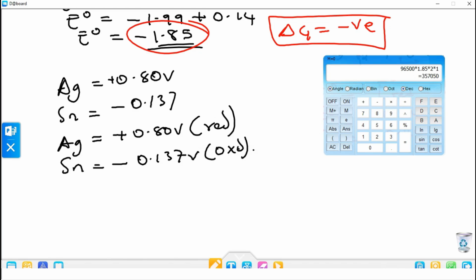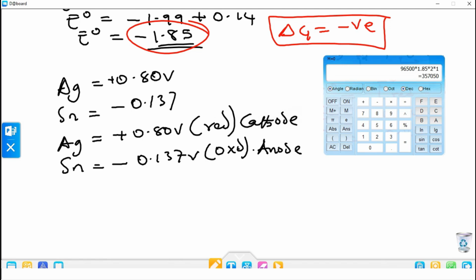Since it is oxidation, which of these processes takes place at the cathode and which takes place at the anode? Oxidation is loss of electron, and loss of electron takes place at the anode. Reduction is gain of electron, and gain of electron takes place at the cathode.